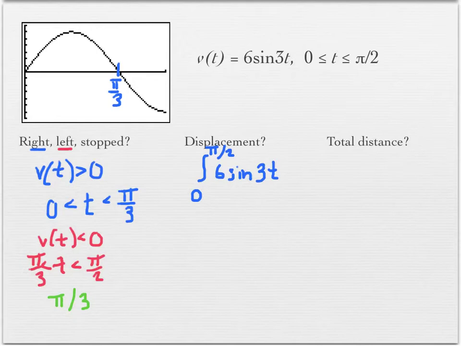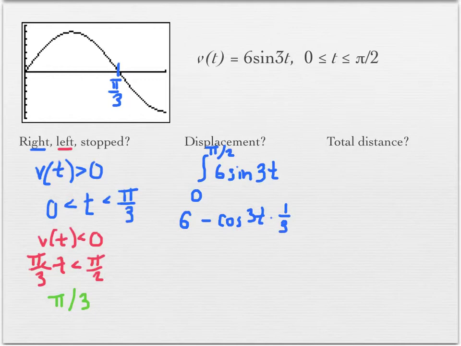Let's just see if we can remember how to do this. Remember, I'm looking for the antiderivative. I can pull that 6 out of there. The antiderivative of sine is negative cosine, so it's going to be negative cosine of 3t. But remember, if I took the derivative of that, I'd have to multiply by 3, so I have to counteract that by also multiplying by 1/3.